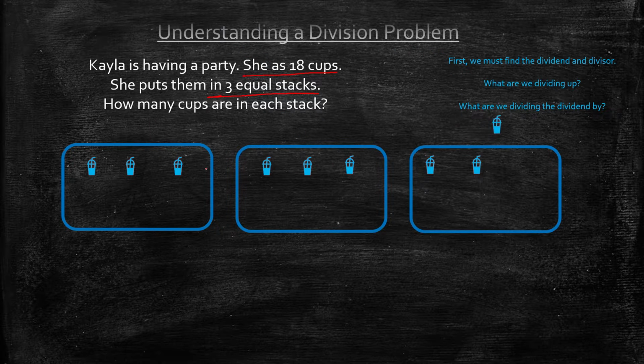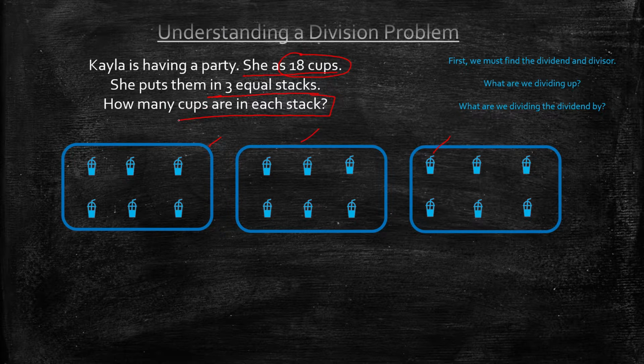Okay, I'm at 9, 10, 11, 12, start back over, 13, 14, 15, start back over, 16, 17, 18. So I've broken it up into 3 equal stacks, 1, 2, 3. I've used all 18 of my cups. So there's a total of 18 here.